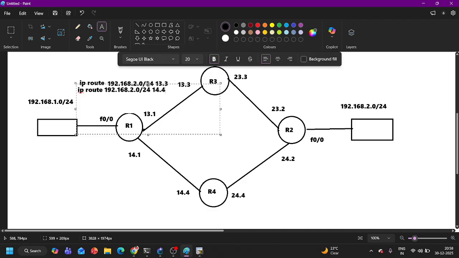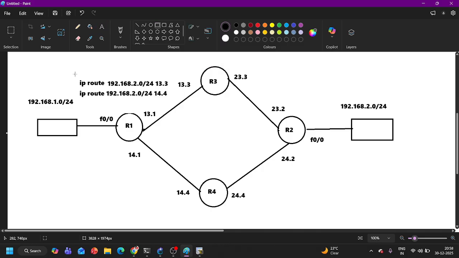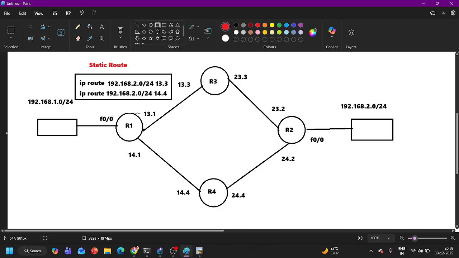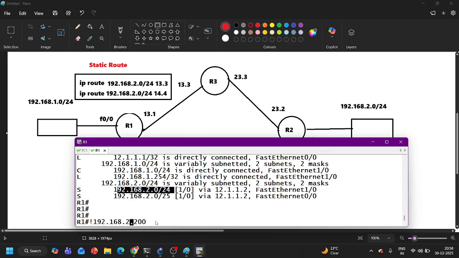The traffic won't go through because the administrative distance would be the same for static routes, unless you specify one has a priority over the other. That's when the routing happens, or else it will fail. No, brother, no. If it, the router can forward the traffic. It's maintaining that the first request goes to 13.3 and the second request goes to 14.4. Anything else?